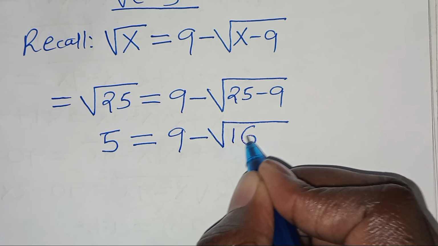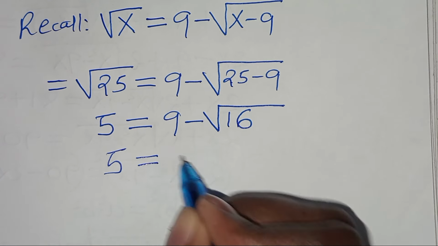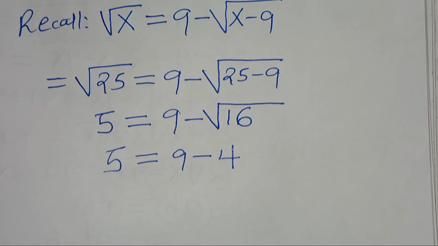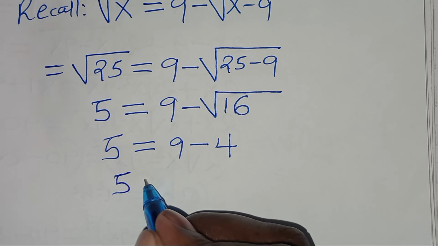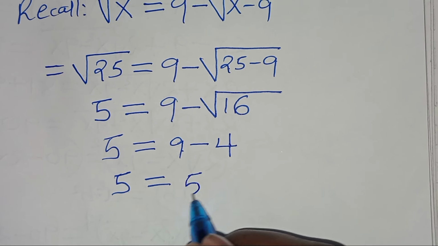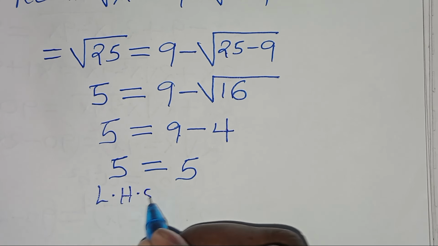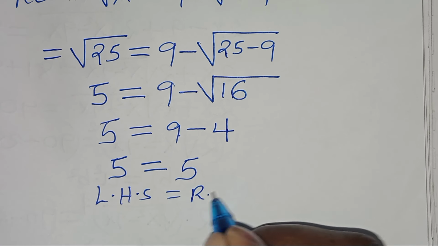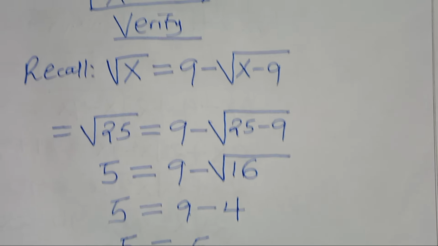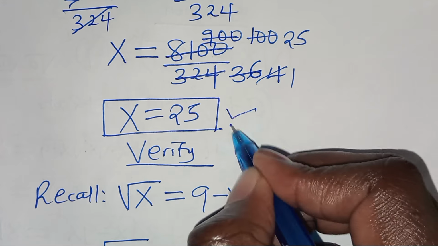The square root of 25 is 5, equal to 9 minus square root of 16, which is 4. So we have 5 equal to 9 minus 4, which is 5. So the left hand side is equal to the right hand side, and this implies that the value of x, which is 25, satisfies the equation.